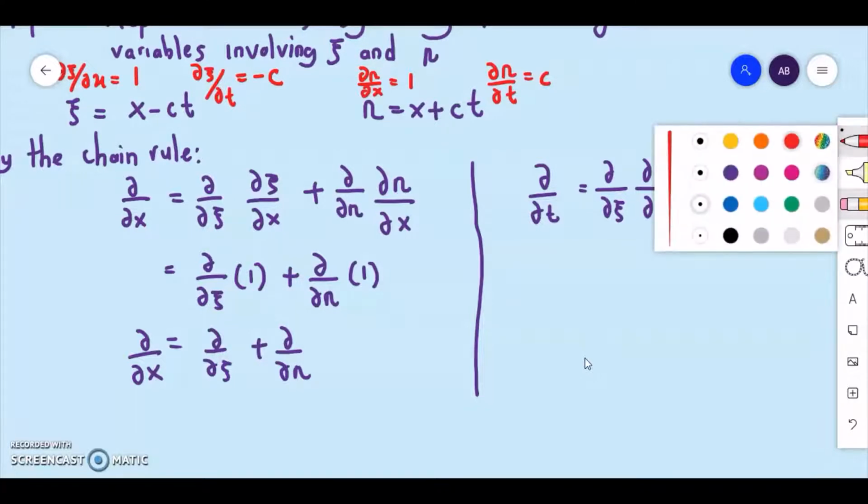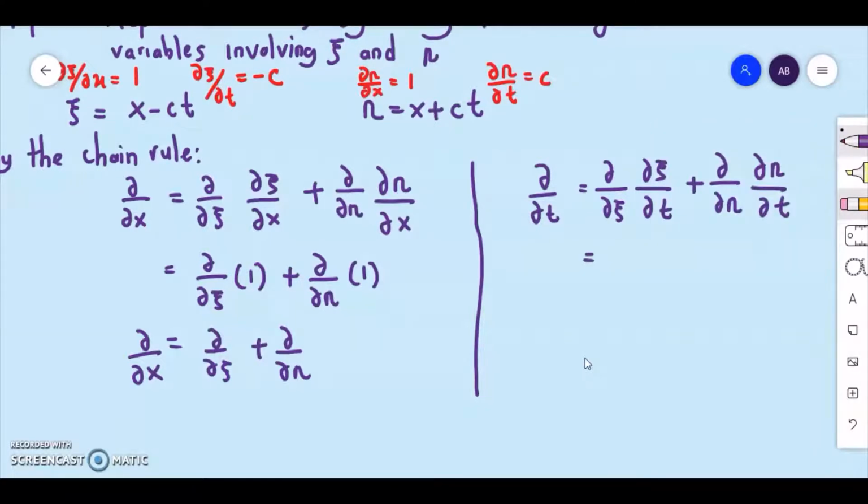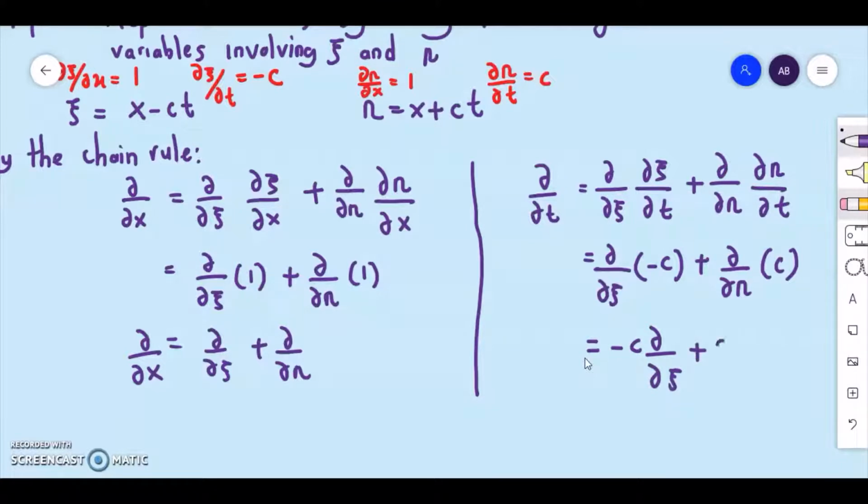Putting that in, I have partial over partial psi times minus c, plus partial over partial eta times c. So therefore I have this equation involving psi and eta.